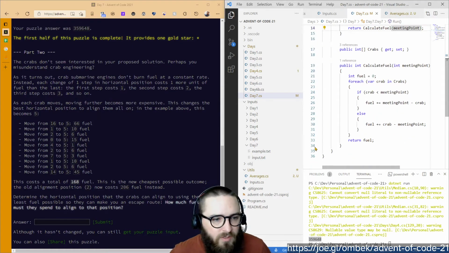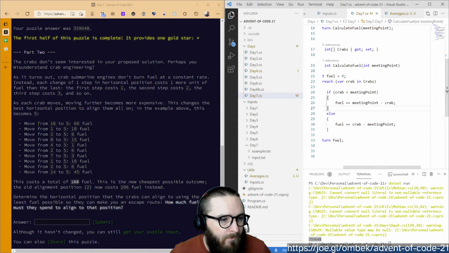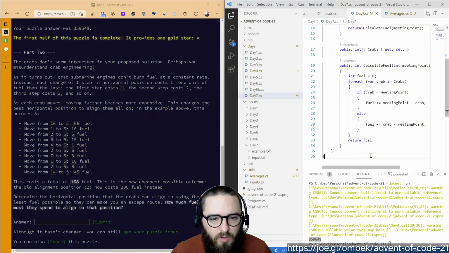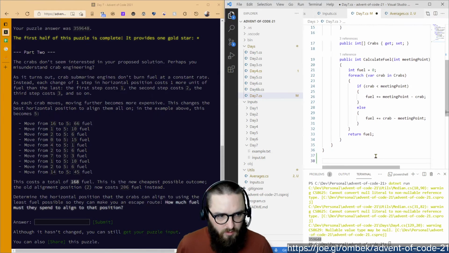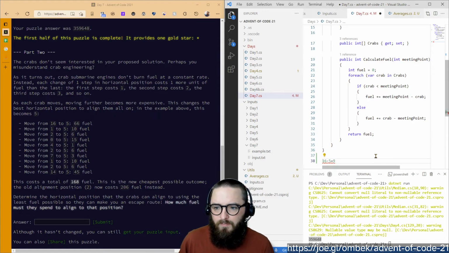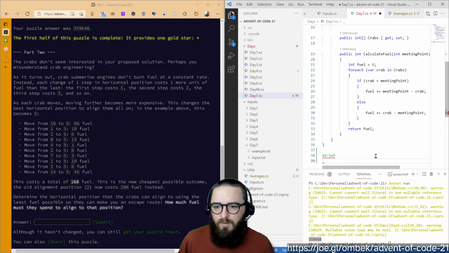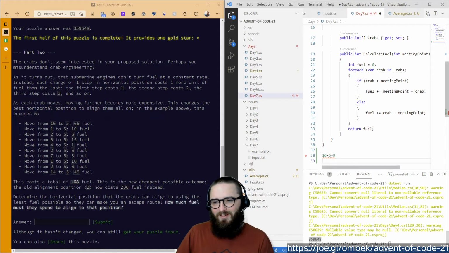Calculate fuel. Now the fuel calculation here is different because 16 minus 5 is 9. I'm worried that the mean is a fluke, actually.